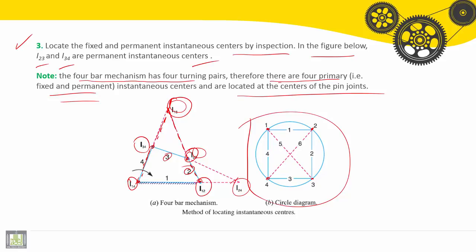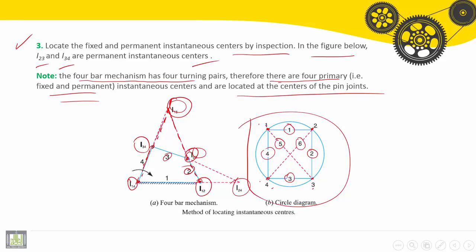The first instantaneous center is between 1 and 2, the second between 2 and 3, the third between 3 and 4, the fourth between 4 and 1. These are the primary instantaneous centers of rotation. Remaining are the fifth center, between 1 and 3, and the sixth, between 2 and 4.